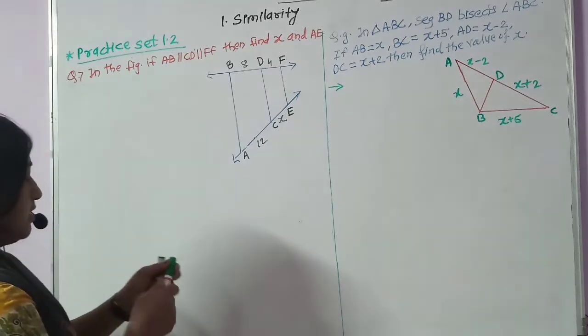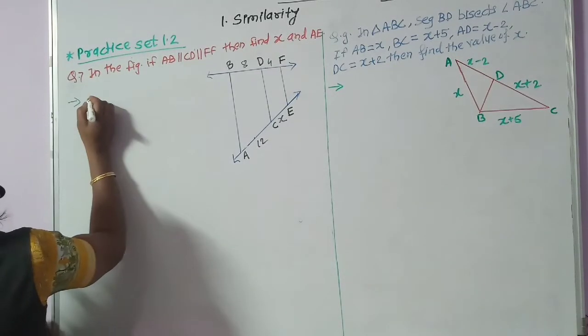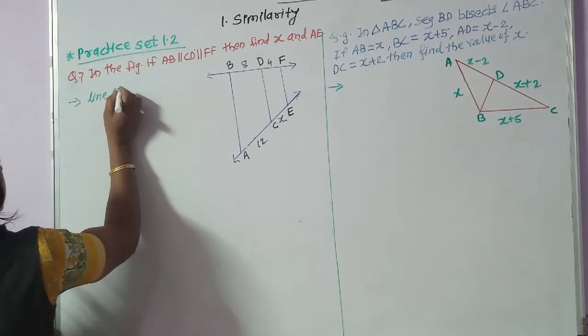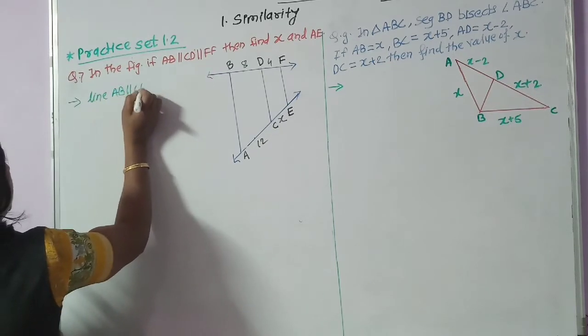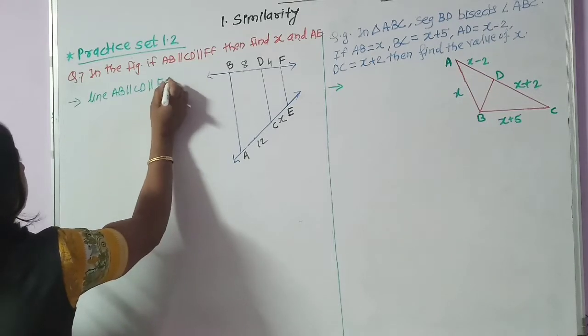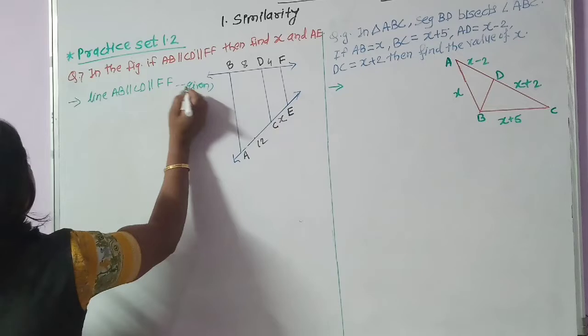So we write here first, given line AB parallel CD parallel FE. Here we write the given.